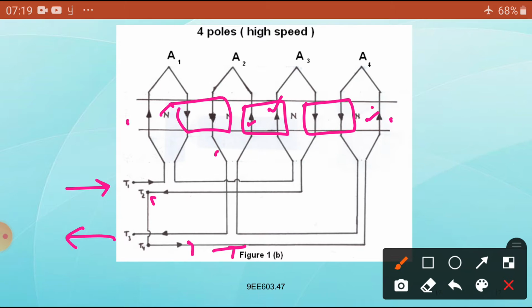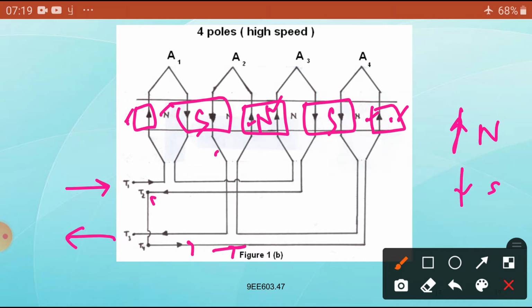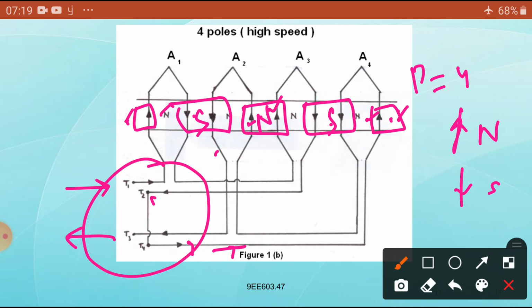The direction flowing up we take as the north pole, and where the current direction comes in it is the south pole. So here this is south and this is south, this is north and this is north. How many poles? 1, 2, 3, 4. So P is equal to 4 poles, simply by connecting the terminals.